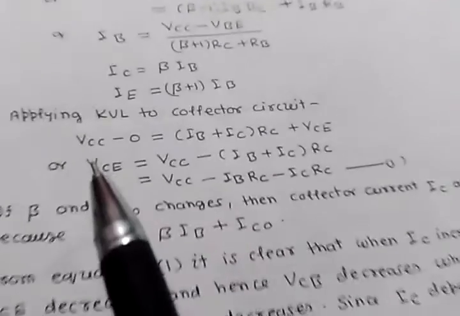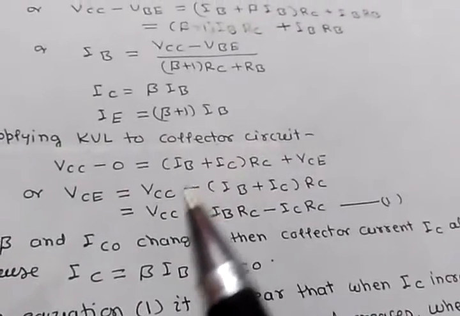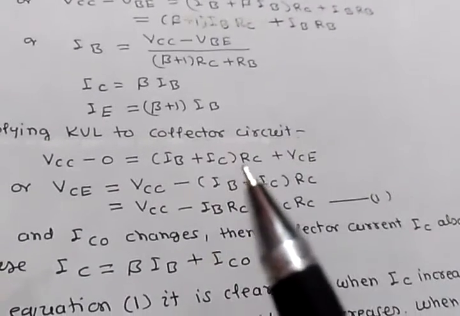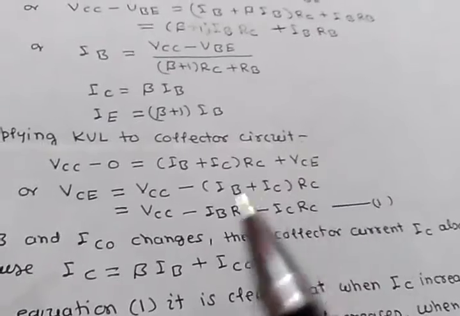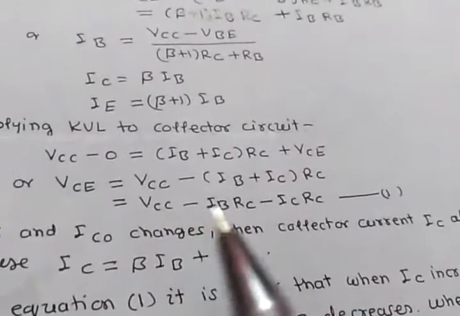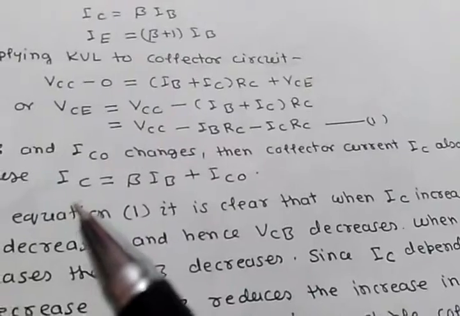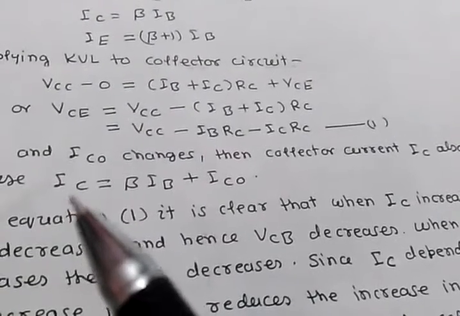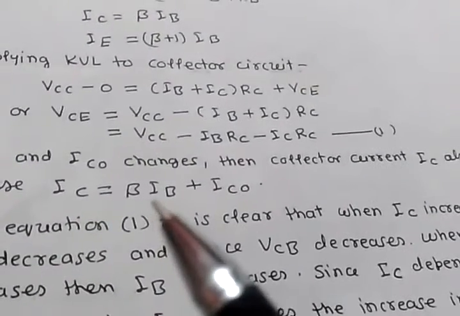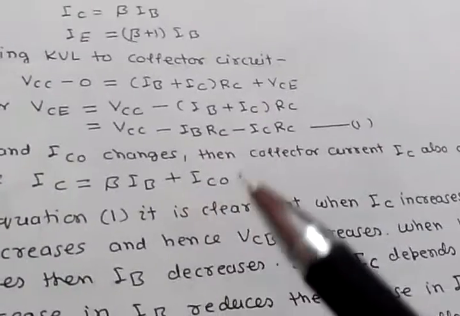So the KVL equation will be VCC minus 0 equals IB plus IC into RC plus VCE. In this way we can write VCE equals VCC minus IB RC minus IC RC. We know the collector current is given by IC equals beta IB plus ICO if we include the leakage current ICO also.